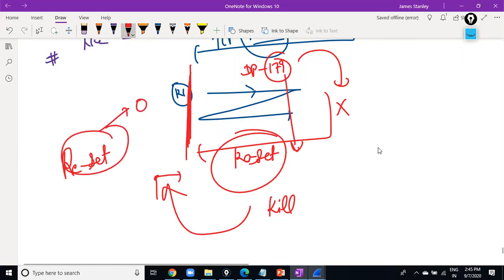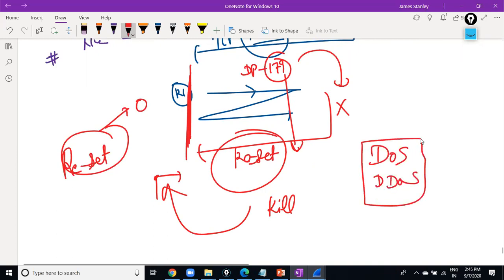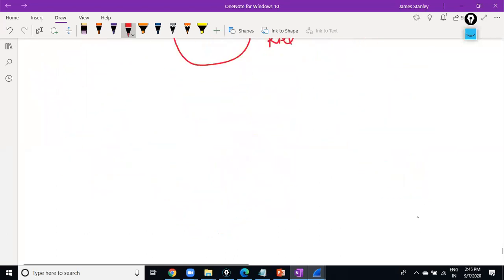In DoS or DDoS attacks, there are also TCP reset attacks. I'm not sure whether you are aware of that, but in the industry there is a TCP reset attack.